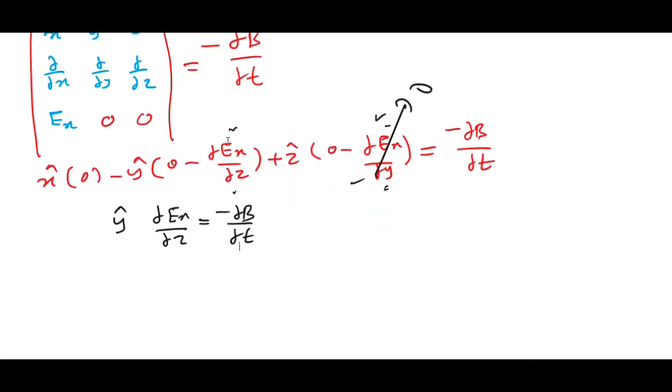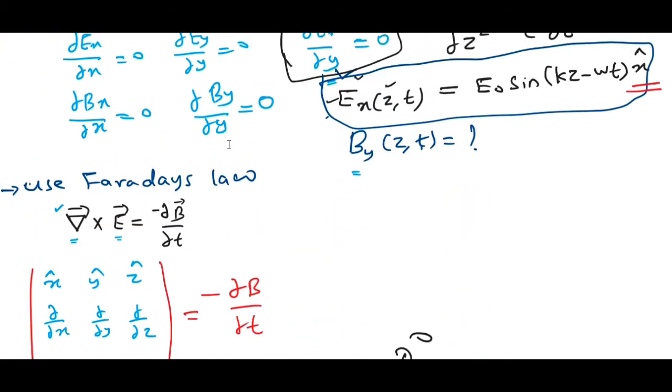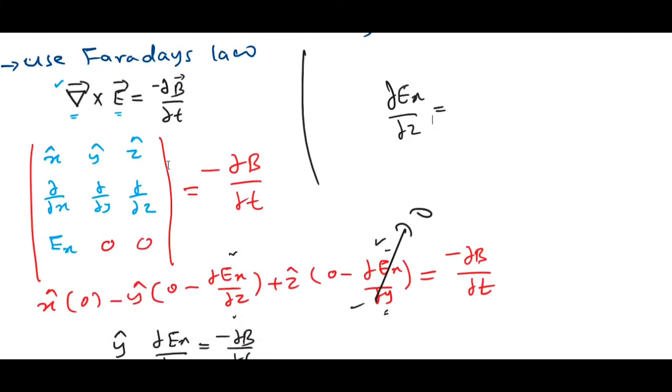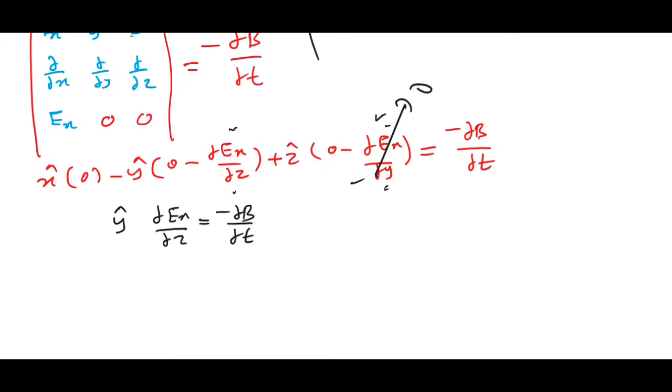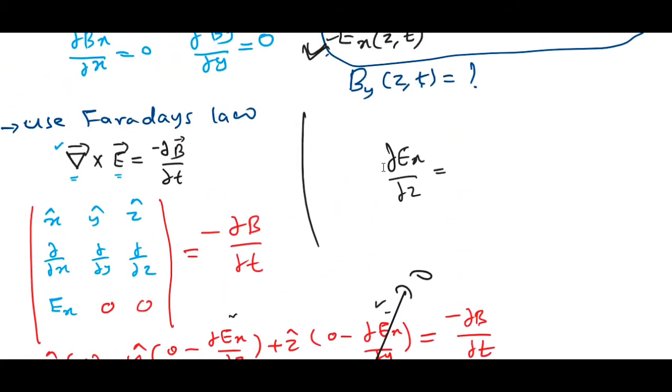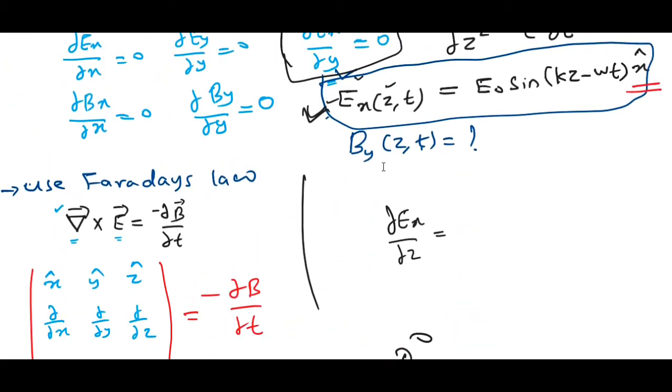Okay, then what is Ex? Ex we have this one. Then if I find ∂Ex/∂z, because here we need to find ∂Ex/∂z, if I differentiate this equation with respect to z, then this will be E0 k cos(kz − ωt).